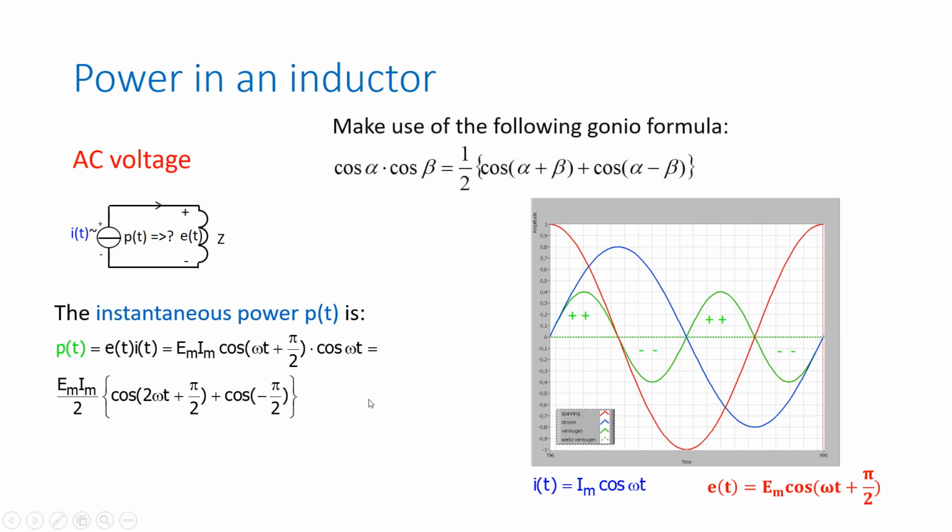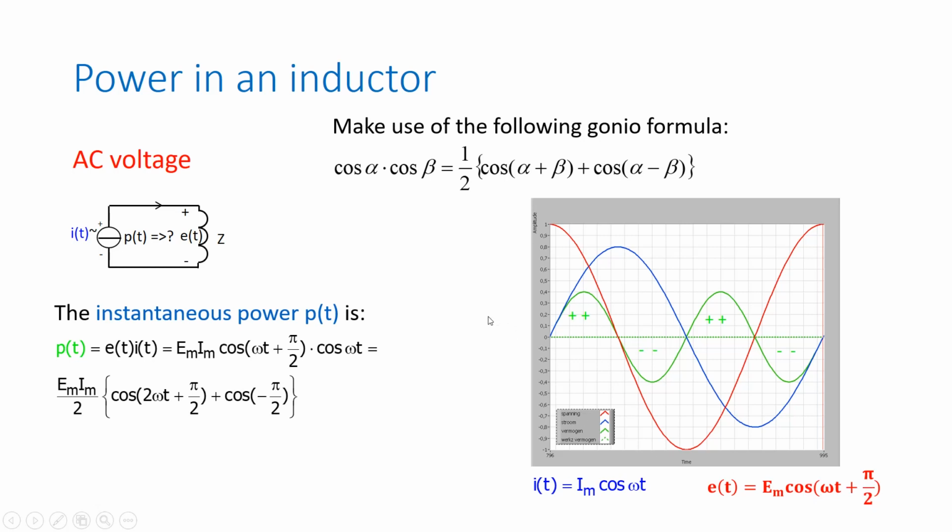Well, by using this goniometric formula, which says that the cosine of alpha times the cosine of beta equals half times the cosine of alpha plus beta plus half times the cosine of the difference of alpha and beta. In this case, alpha is omega t, and beta is omega times t plus pi over 2.